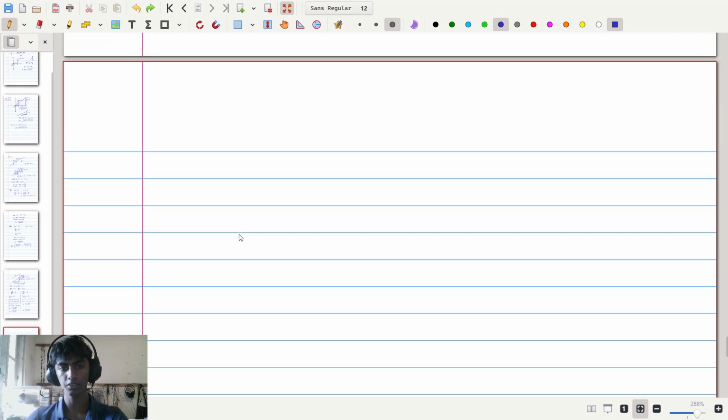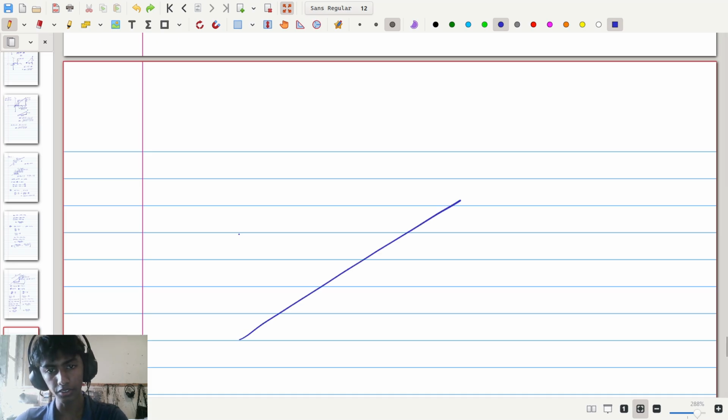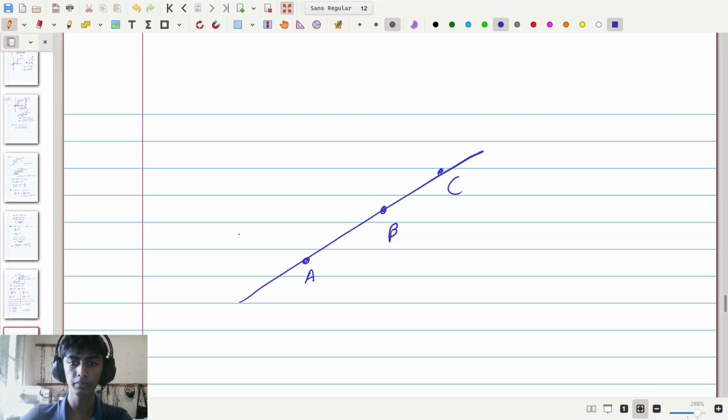The reason is, if we consider a line like this, A, B and an external point C. Let's say AB and BC are equal, which means this has a ratio 1 to 1, which means that AC is 2, and therefore the ratio AC to BC is 2 to 1.